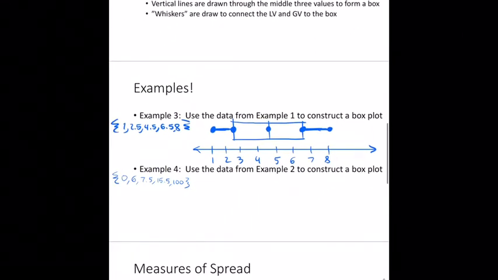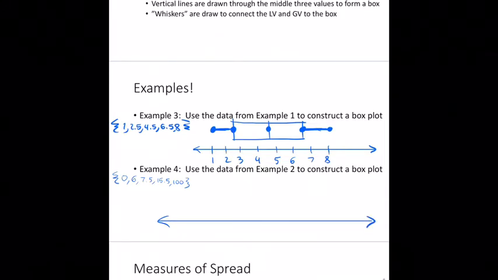Now, much bigger numbers here, so I might go by tens on this number line. And sometimes you'll have the number line provided for you, so it'll be easy. But I'm going to probably go by tens here. So 0, 10, 20, 30, 4. I'm going too big.